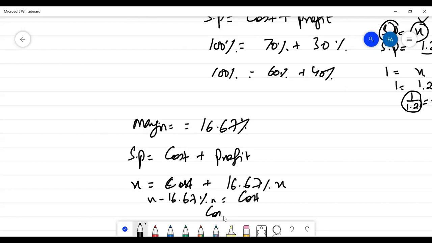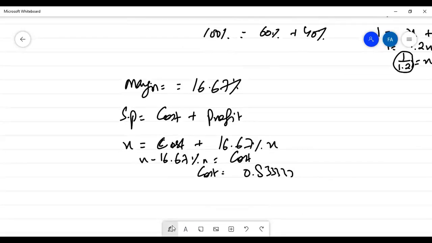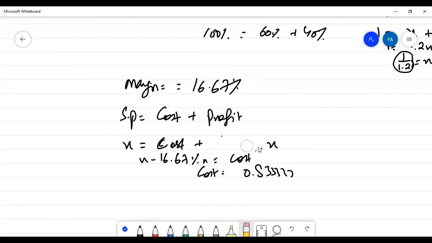Your cost will be 0.8333. Have you verified? 1 minus 0.16667 X. Because it is added over here, so we'll deduct it on the other side.